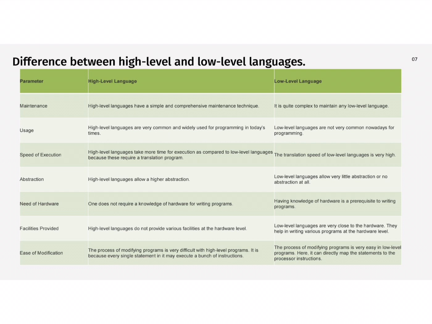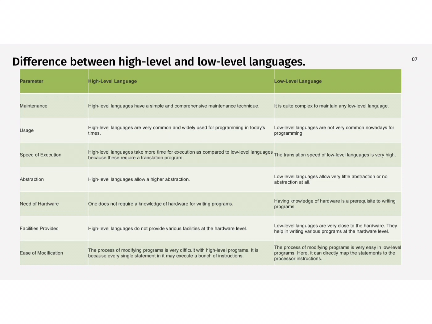But when it comes to facilities provided by a high-level language and the ease of modification, low-level language actually triumphs over the high-level languages, because a high-level language does not provide various facilities at hardware level, but a low-level language actually does, because it is much closer to hardware and helps in writing various programs at hardware level. And a high-level language, though more user-friendly for a programmer, is actually very difficult to modify if a single mistake occurs.